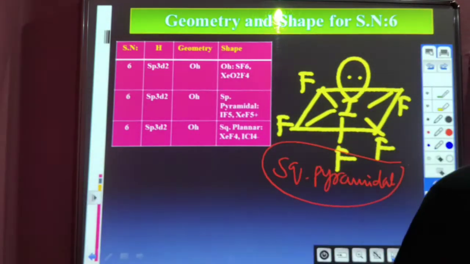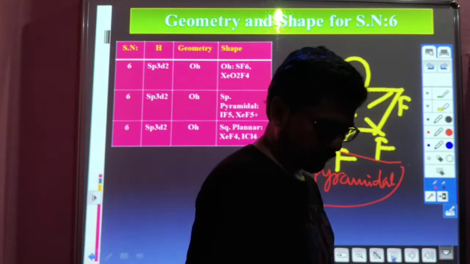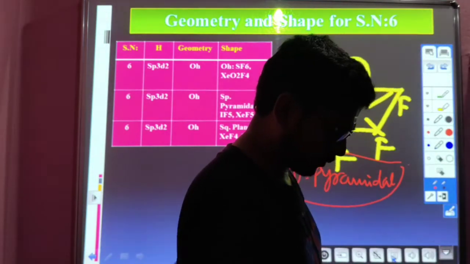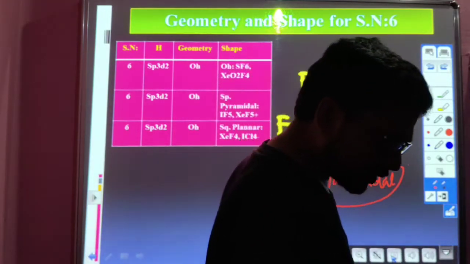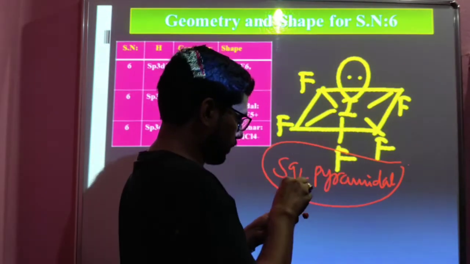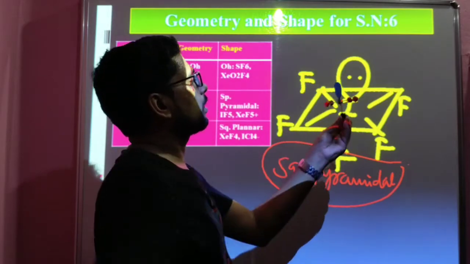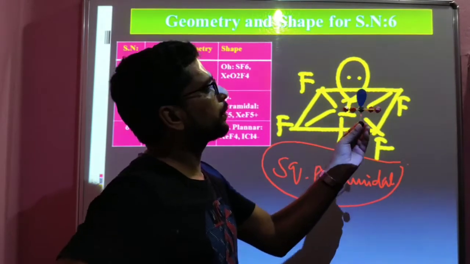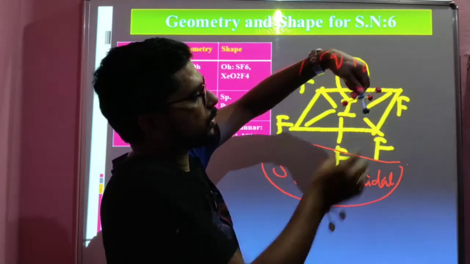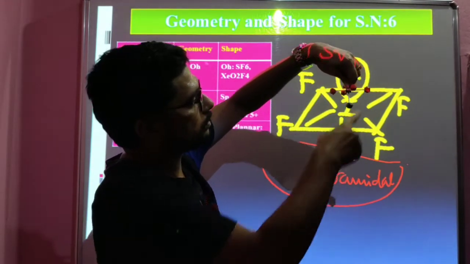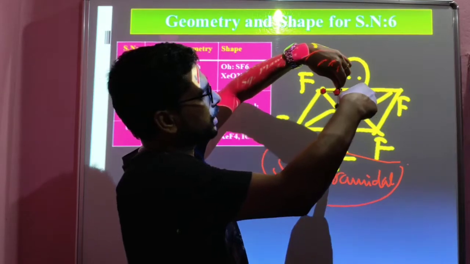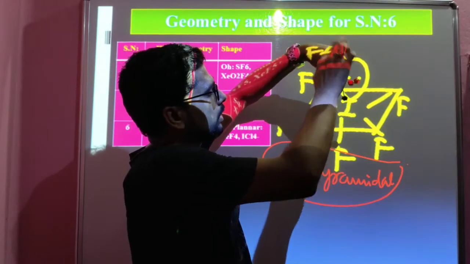Let me show you that one. From the axial position, we will just remove this one. This will give you square pyramidal. Don't look at the lone pair.